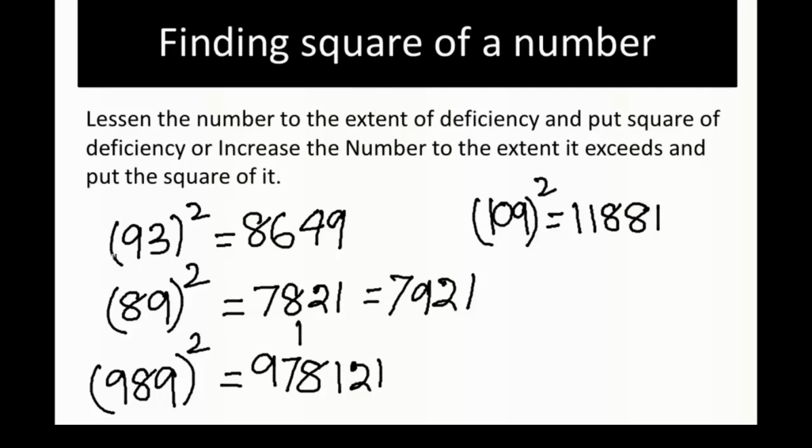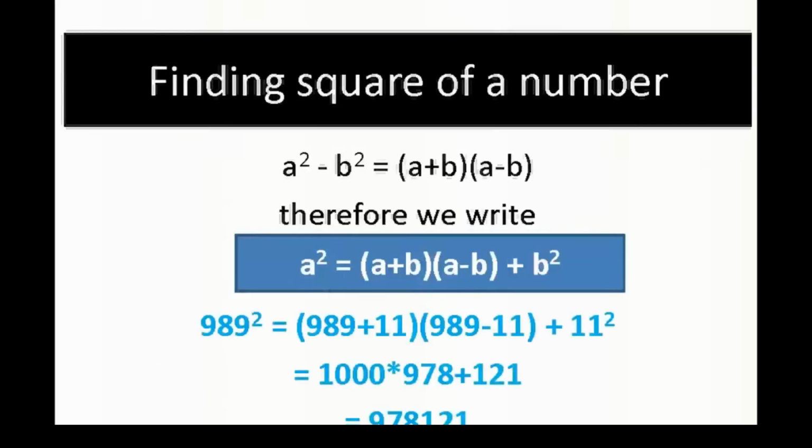So 89 minus 11 gives 78, and the deficiency is 11. The square is 121. We can only accommodate 2 digits here, so we write 21 here and carry 1 here. So the answer is 7921. Let's check the answer. 89 into 89 is 7921. So that's all is the answer.